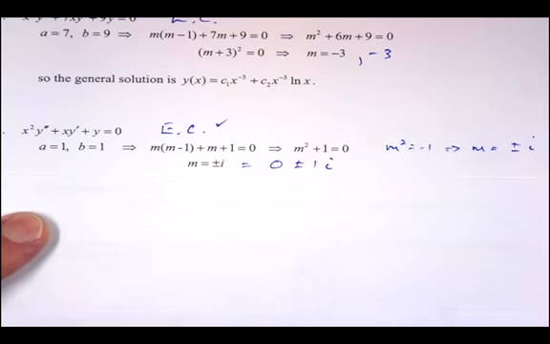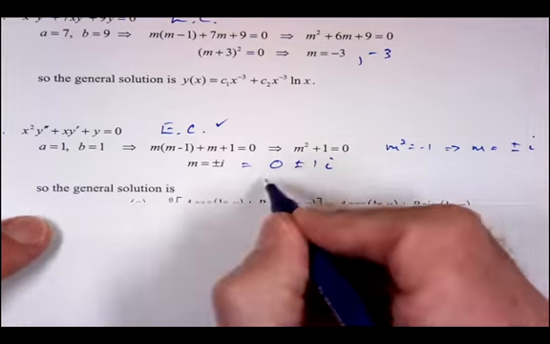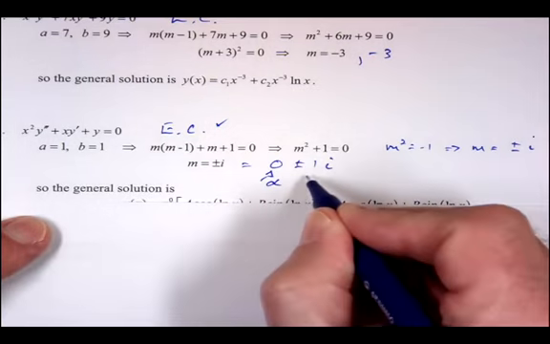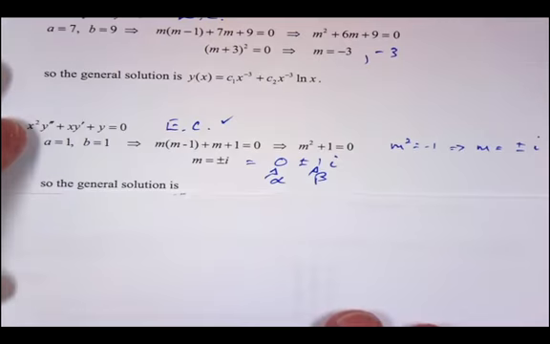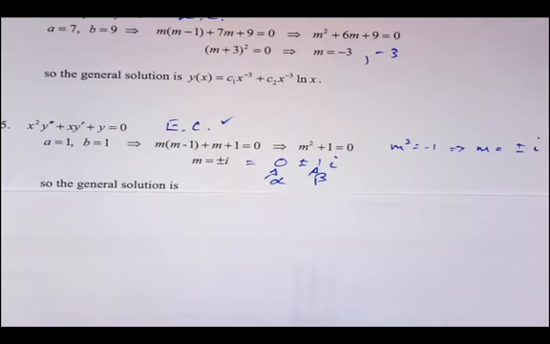Good, because we say that this is the same as 0 plus or minus 1i, and that's where we get the alpha and the beta. All right, you plug that into the third form of the solution. And can you simplify that? Yes, you can.